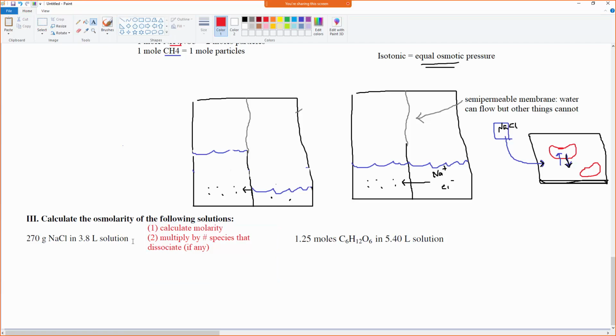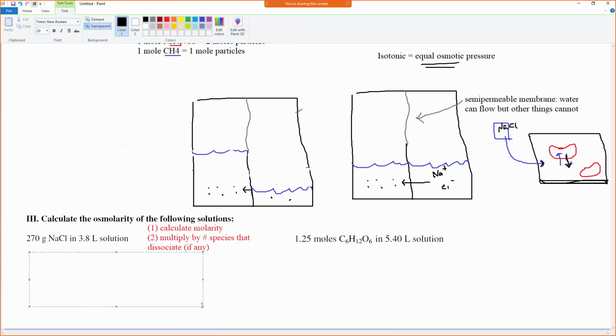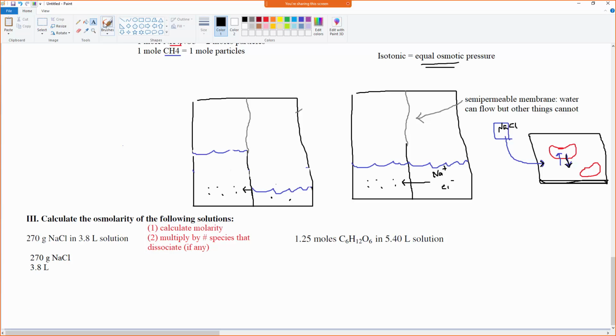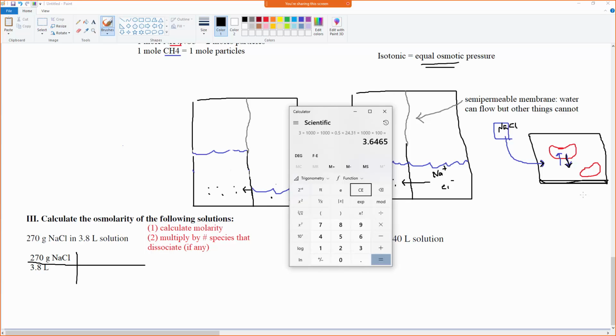So molarity is what units? Moles per liter. So if I have 270 grams of NaCl in 3.8 liters of solution, how do I get to moles per liter? I'm going to need the molar mass, right? So add up the mass of sodium, 22.98, plus chlorine, 35.45.